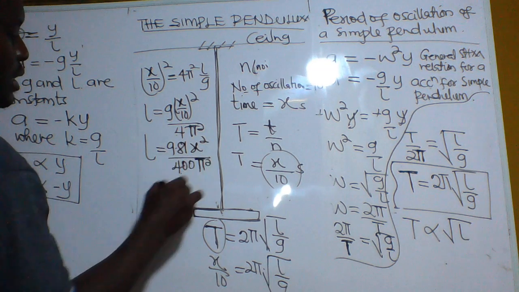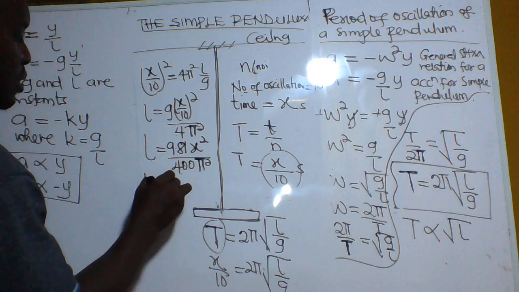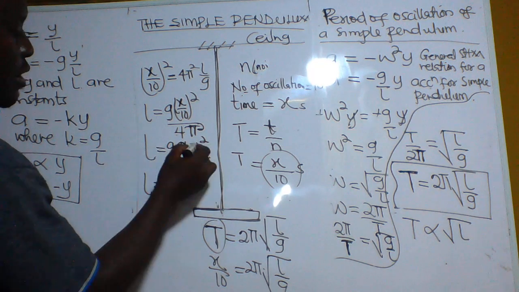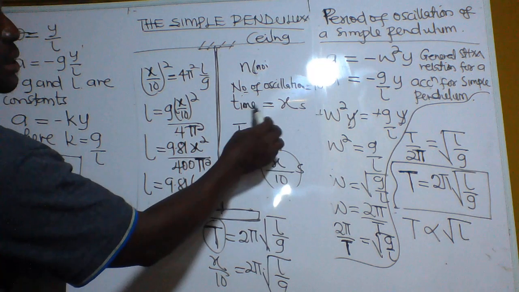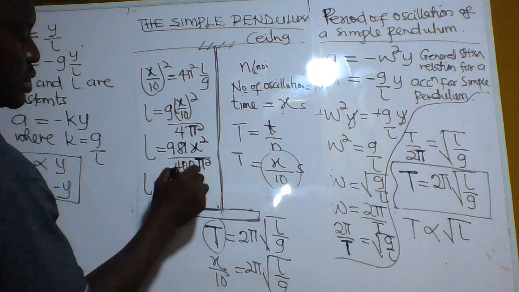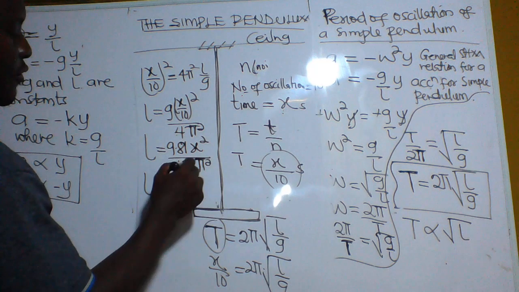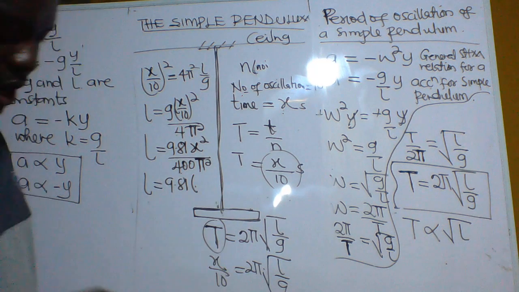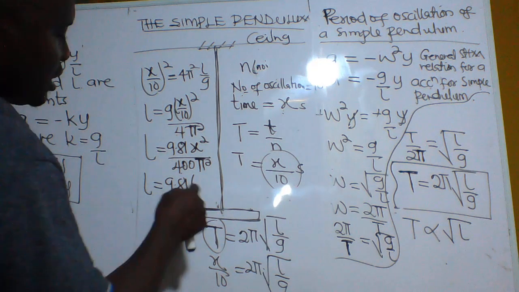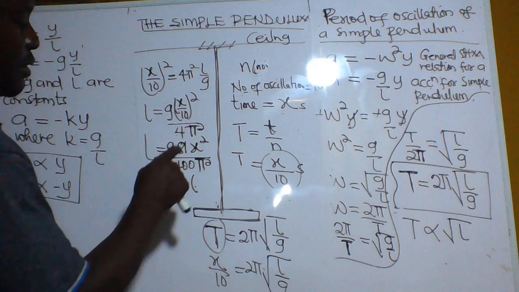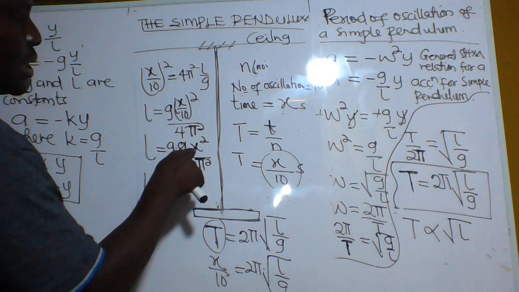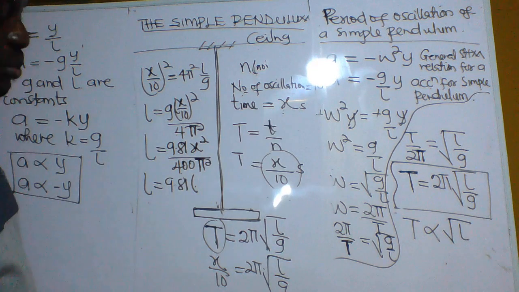So L, the length, will be equal to 9.81 times x², where x is the time for that number of oscillations. When you substitute what you got and divide by 400π², you have the length, because g is constant, π is constant, the only changing variable is the time, which you determine using the stopwatch.